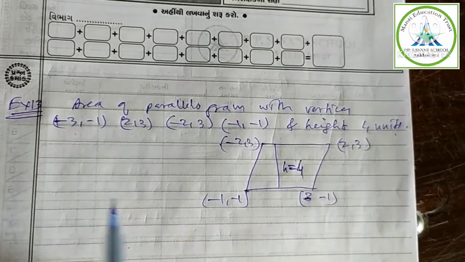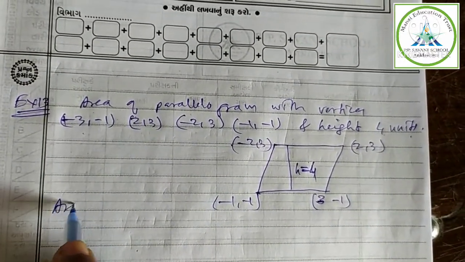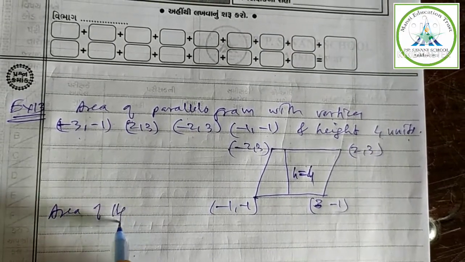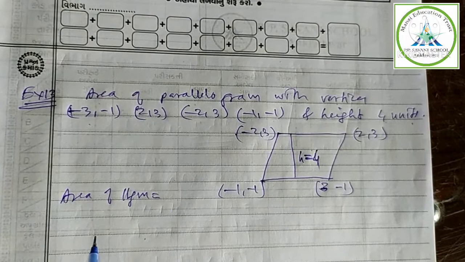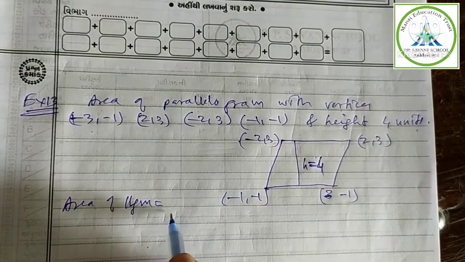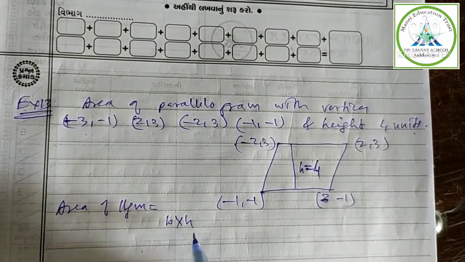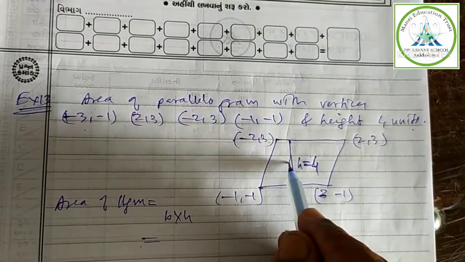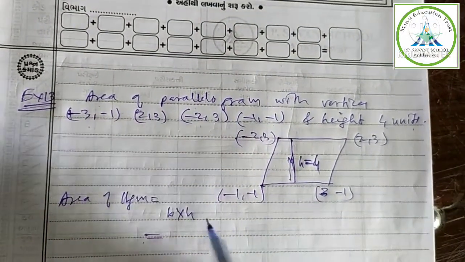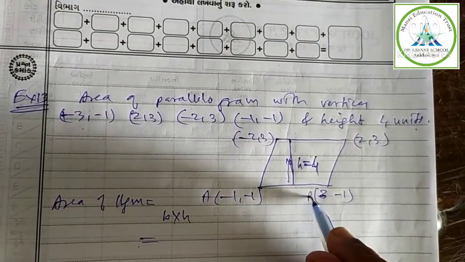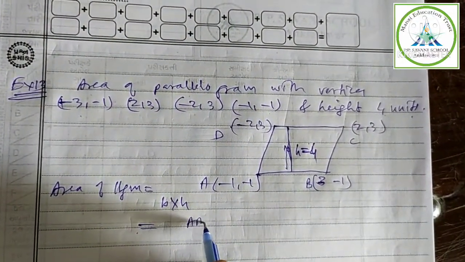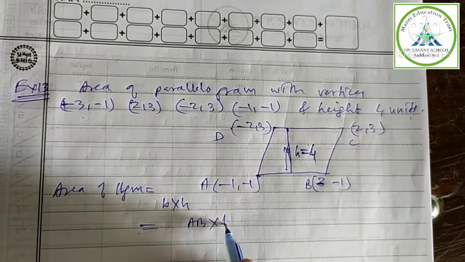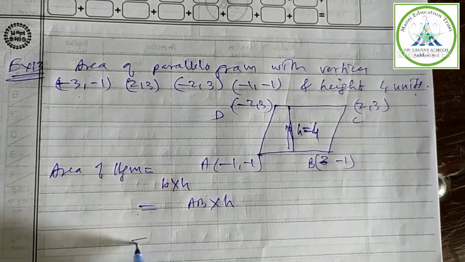Okay, now let us see the area of a parallelogram. Do you know the formula for the area of a parallelogram? Yes, you must know, base into height. So what is the base? If this height is given to you, let's say A, B, C, D. So base is AB and height is H. Then find only AB.